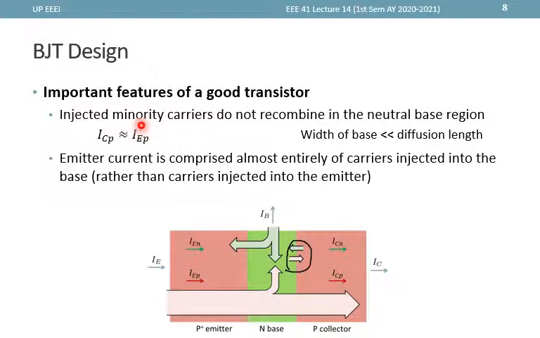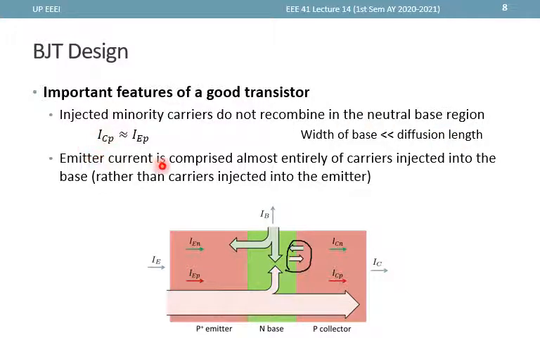To achieve that, usually by design, we make the width of the depletion region much less than the diffusion length in the base, since the diffusion length is the average distance that carriers travel into the material before recombining with majority carriers. And since we don't want them to recombine, the width must be much less than this value.